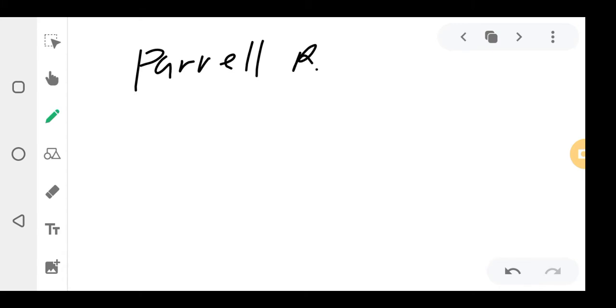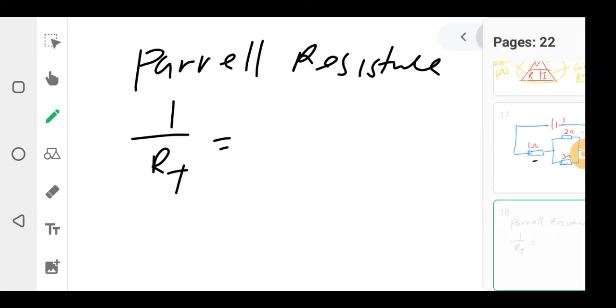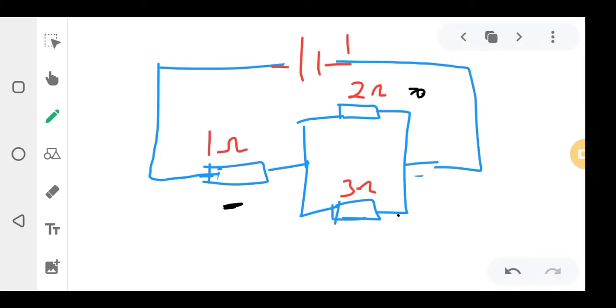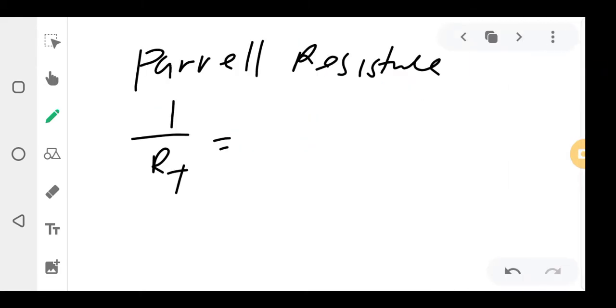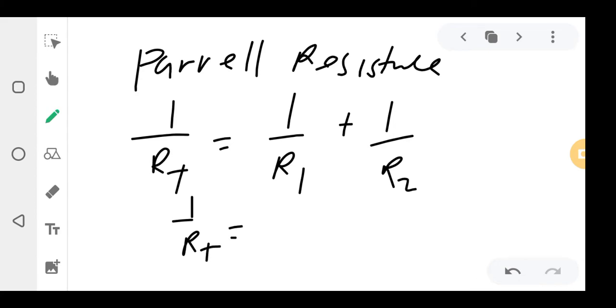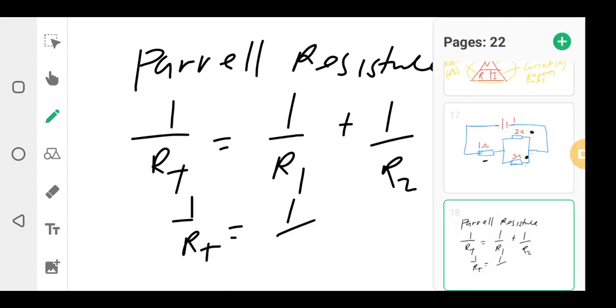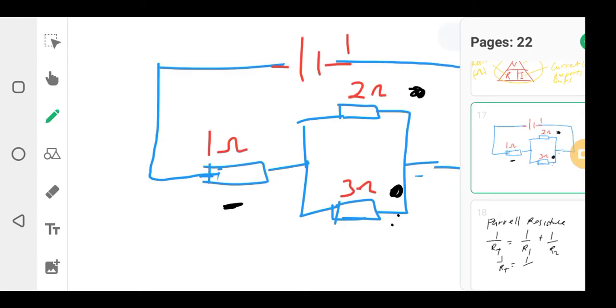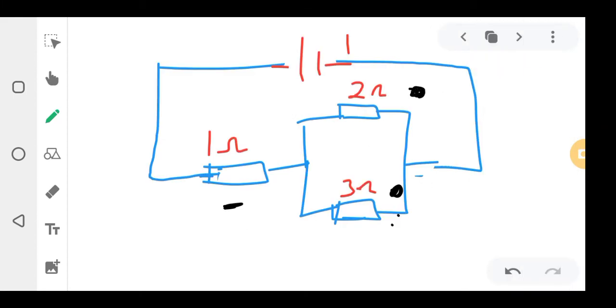Parallel resistance. How many resistors are in parallel? We start with 1 over RT. There are 2, this one and this one. So 1 over R1 plus 1 over R2. This one is R1, this one is R2, and this one will be R3.